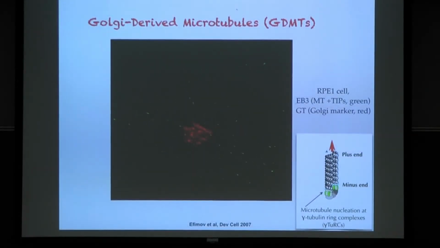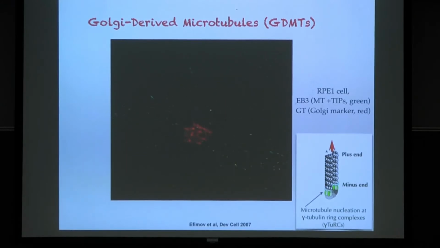So this has been one of our major interests in the lab, historically, looking at where microtubules are nucleated in the cell. And this was one of the things that we found out when I just started the lab many years ago, that microtubules can be nucleated at the Golgi complex, which is a big membranous organelle in the center of the cell.